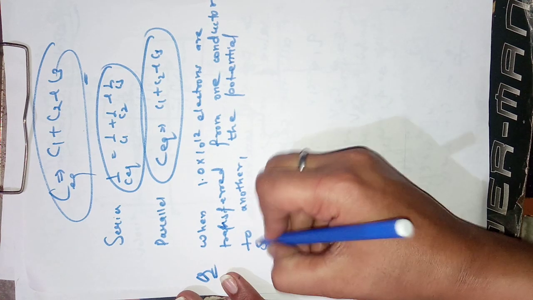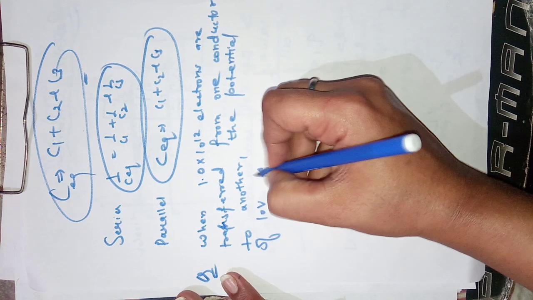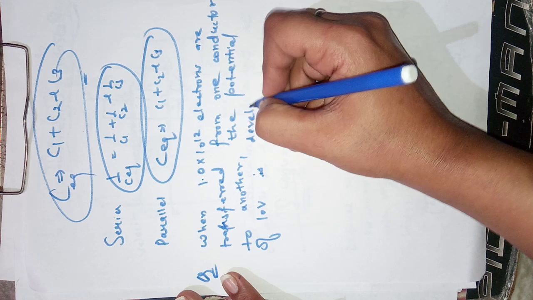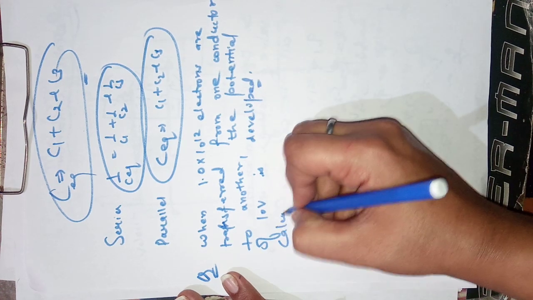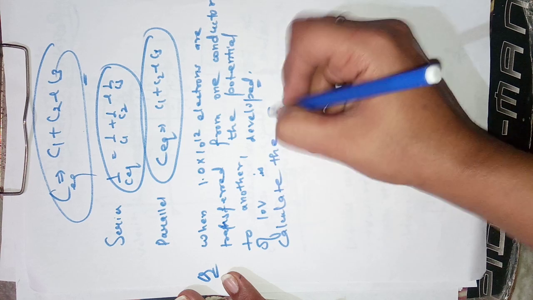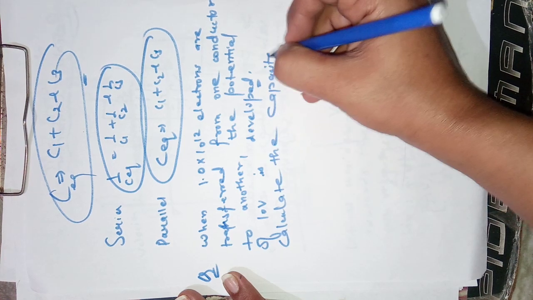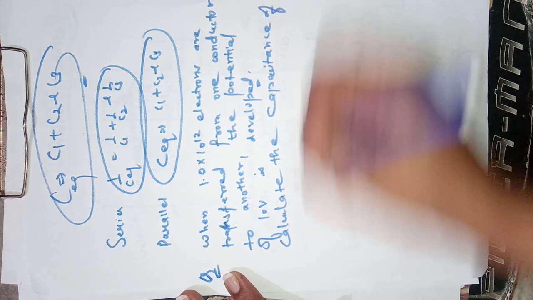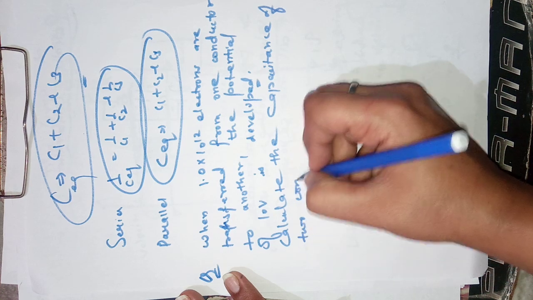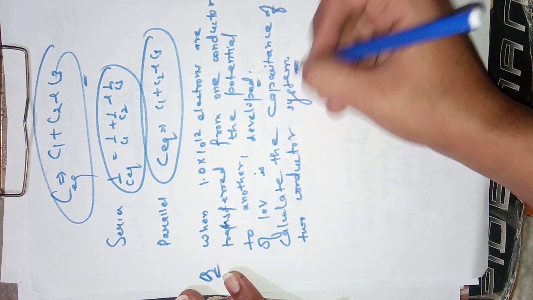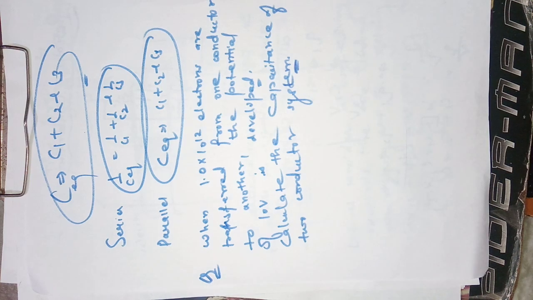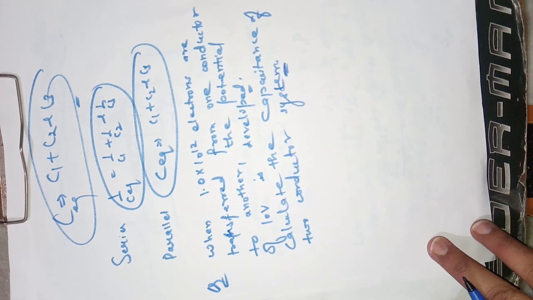A potential of 10 volt is developed. You need to calculate the capacitance of the two conductor system.